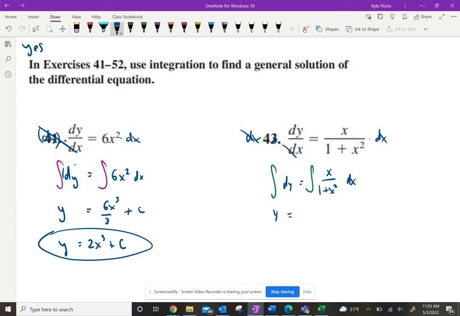We have a quotient, and I can't do anything to simplify the quotient. But what I am seeing is that the denominator is 1 plus x squared, whose derivative is 2x, and I see this x up here. So I think I'm going to be able to use u substitution for this integral right here. So if I take u to be 1 plus x squared, the derivative would just be 2x dx. Now I don't need that 2, so I can just divide both sides by 2. So half of du is x dx.